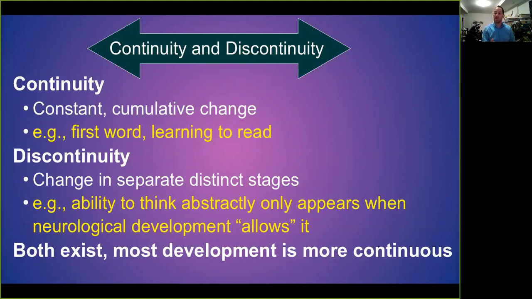So the ability to think abstractly, for example, which hopefully you're all able to do depending on your age, only appears when your cognitive or neurological development allows for that process. So early on in childhood, you can't really think abstractly. But later on in adolescence, suddenly a light switch happens. Your neurology is set up now in a way that you can think abstractly. So both exist. Some things are more continuous, some things are more discontinuous. So it depends on what you're looking for.